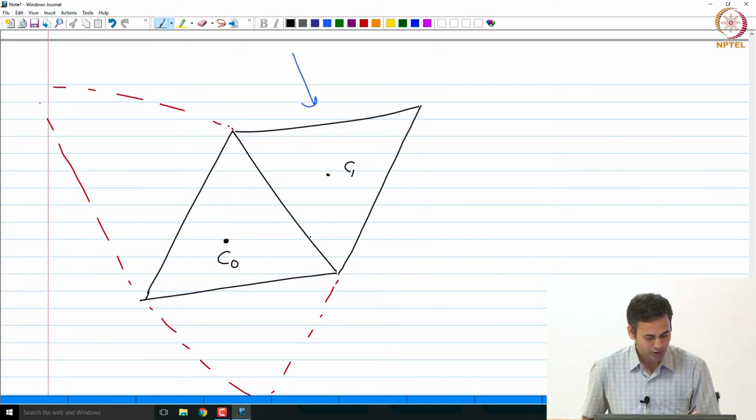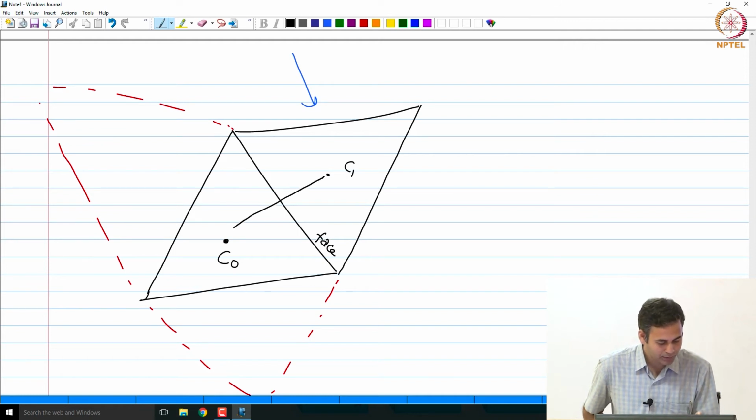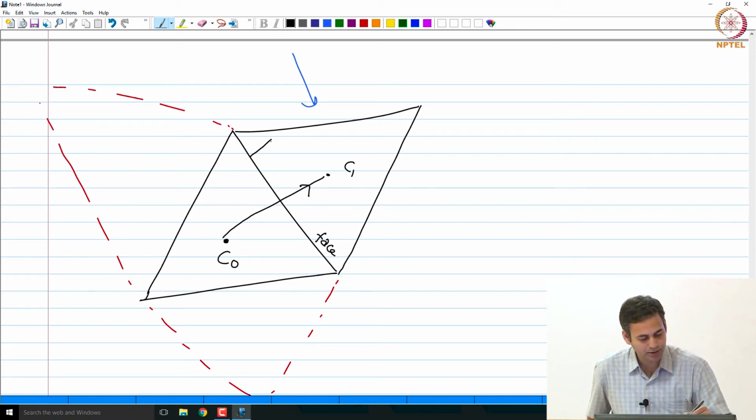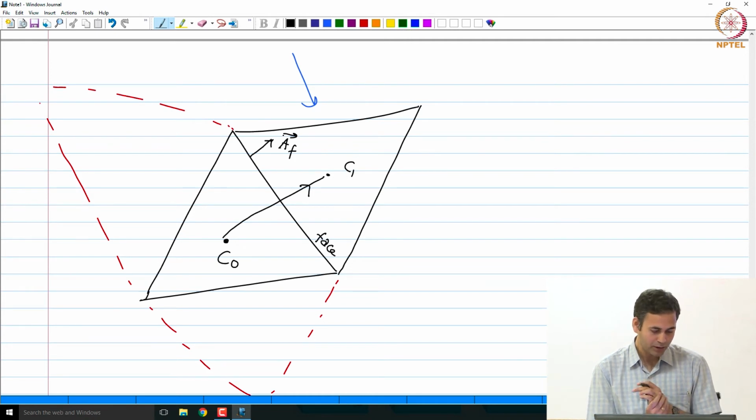Now, this is the face vector, and I can of course connect these 2 cell centroids C 0 to C 1, and this is one particular direction. Similarly this is my area vector A f bar, pointing in the direction away from the cell. So, this is now parallel to the line joining C 0 and C 1, as a result of which this is an orthogonal mesh.